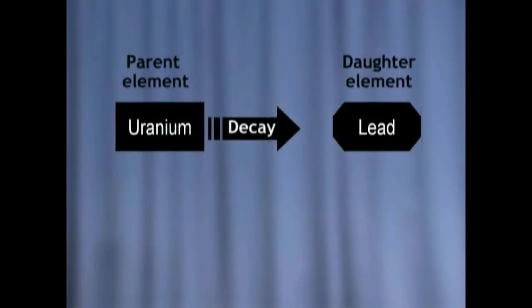Well, let's go to radioactive decay. How does radioactive decay work? Well, we start with something called a parent element and a daughter element. For instance, uranium would be the parent element, and over time, uranium gradually radioactively decays into lead, the daughter element. There are many forms of this radioactive decay process.